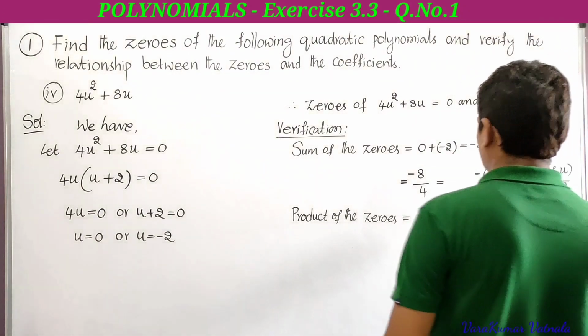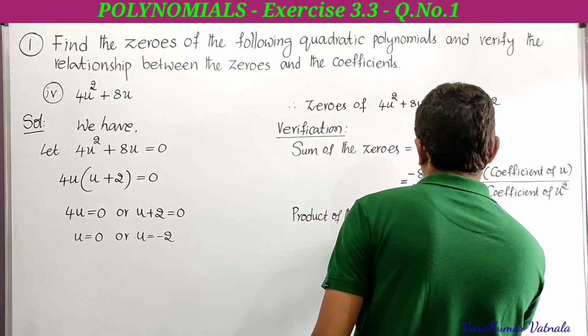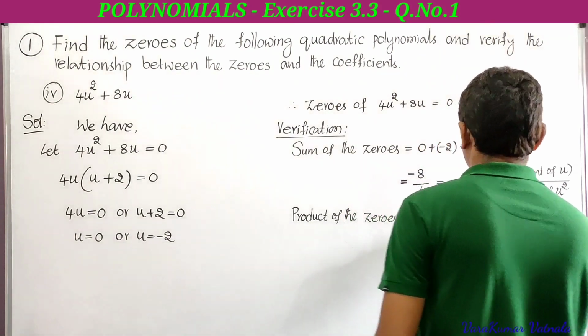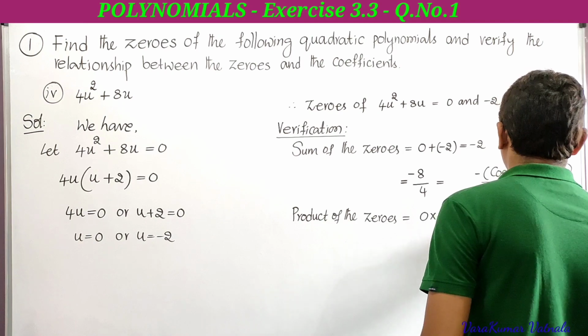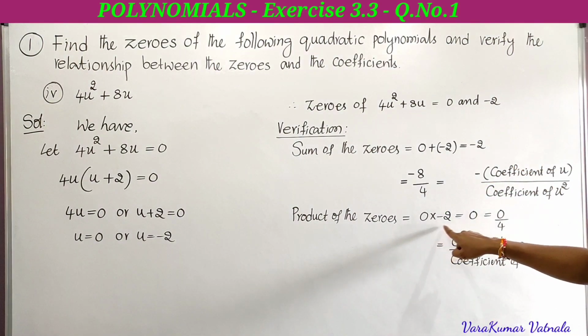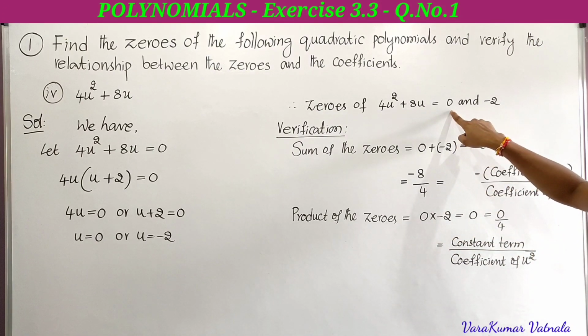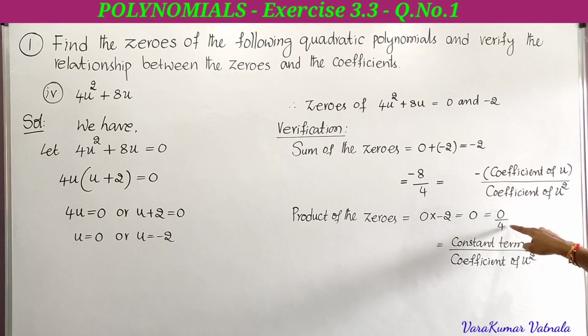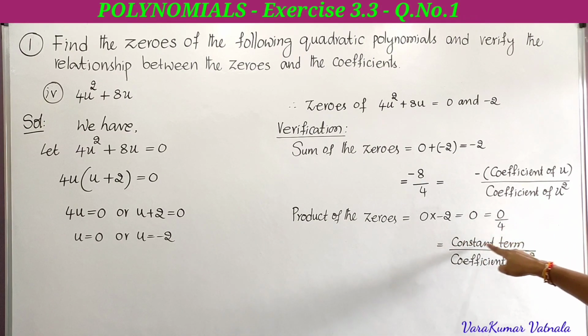In the same way, the product of the zeros is equal to 0 into minus 2, that is 0. I am writing 0 as 0 divided by 4. See here, the product of the zeros is 0 into minus 2, which is 0. I have written 0 as 0 by 4, since it is constant term divided by coefficient of u square.